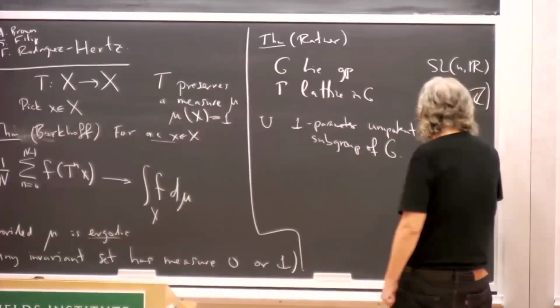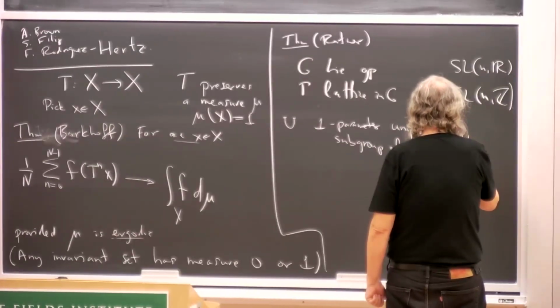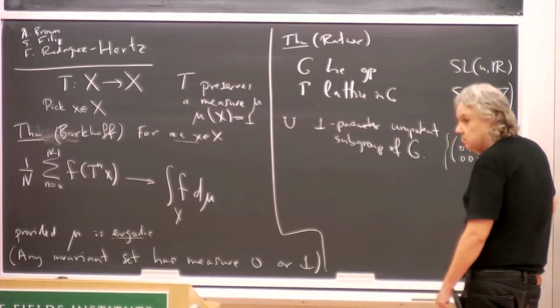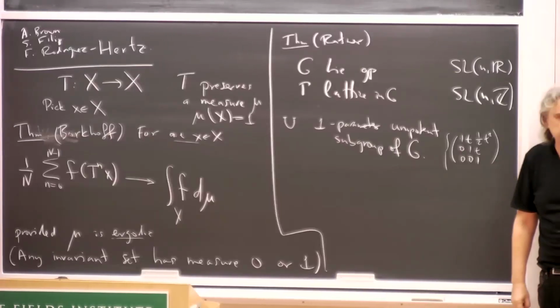An example would be something of this form. These matrices are a subgroup of SL_3(R) which is unipotent. This is actually the most famous example because it led to the proof of the Oppenheim conjecture.